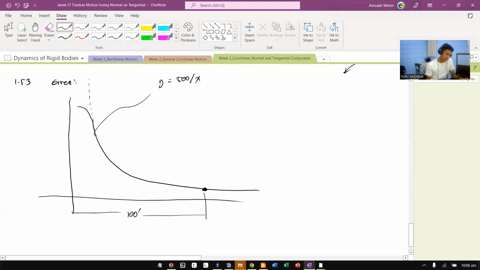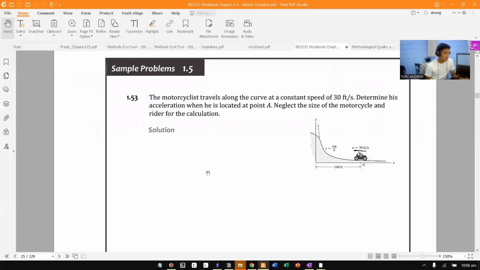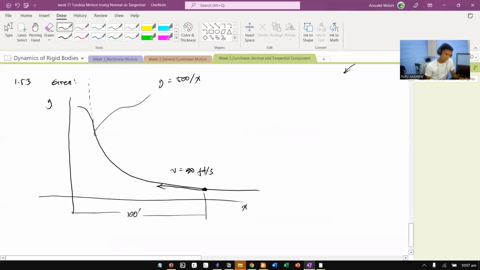This is x, this is y, and the speed is 30 feet per second. Okay, what's the question? The acceleration. All right, so required is the acceleration. Let's go to the solution.